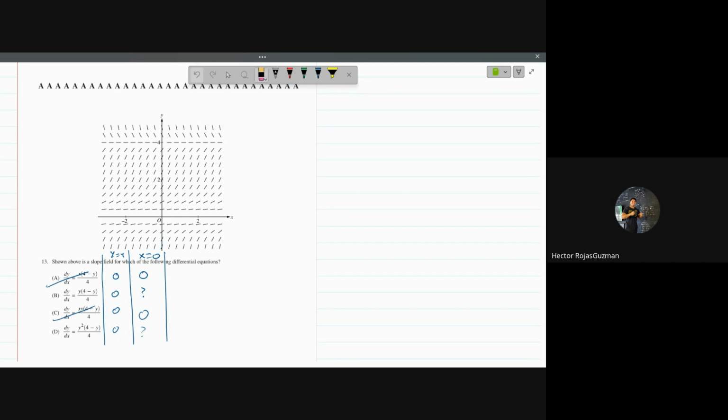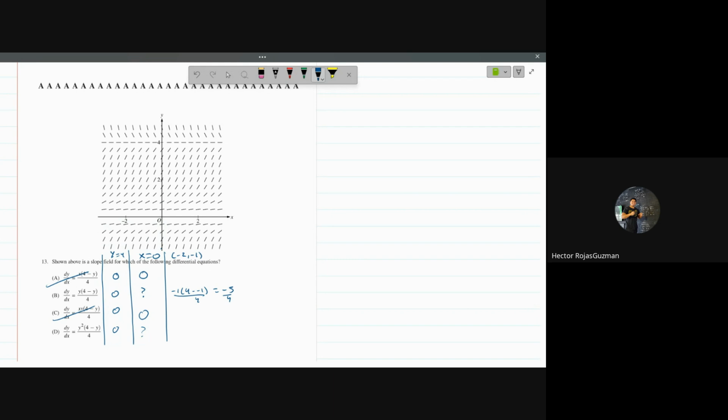Let's see, what else should we test? Let's test a random point. Let's test the point negative 2, negative 1, something in the third quadrant where both coordinates are negative. For the first one, I have negative 1 times 4 minus 1, which is negative 5 over 4, of course.